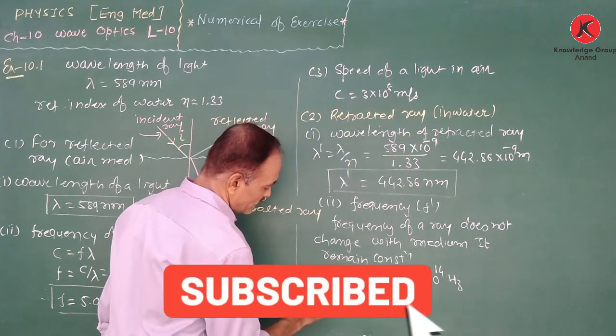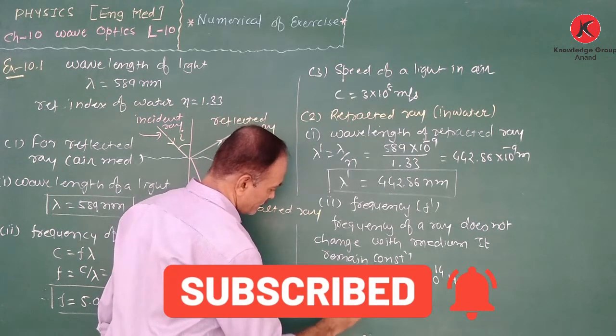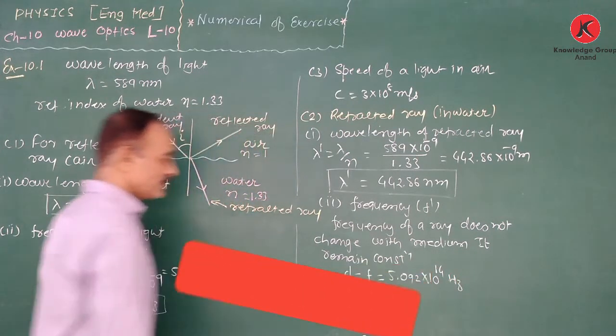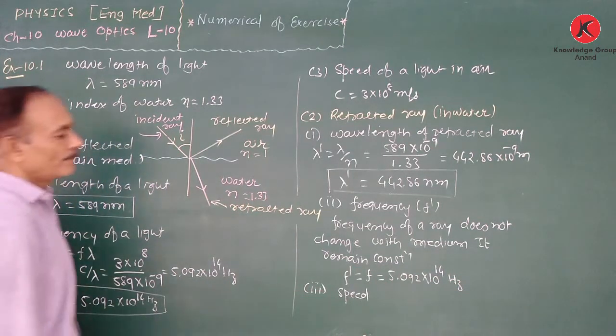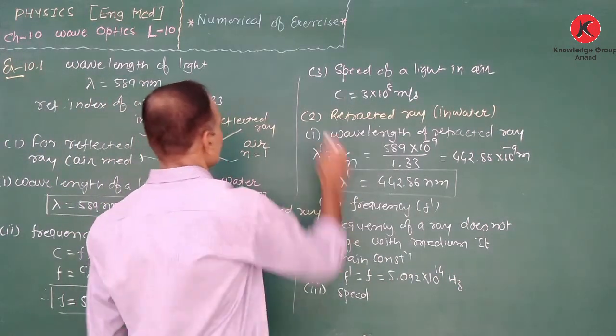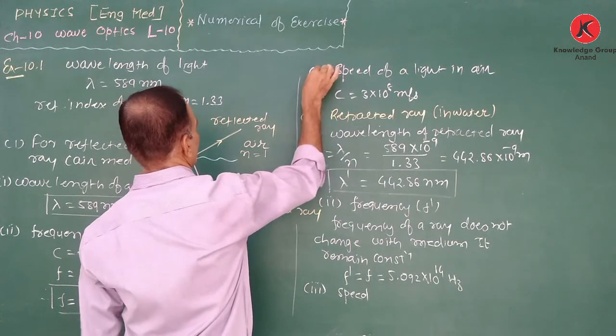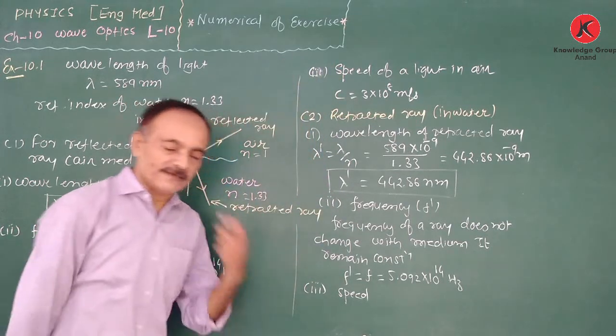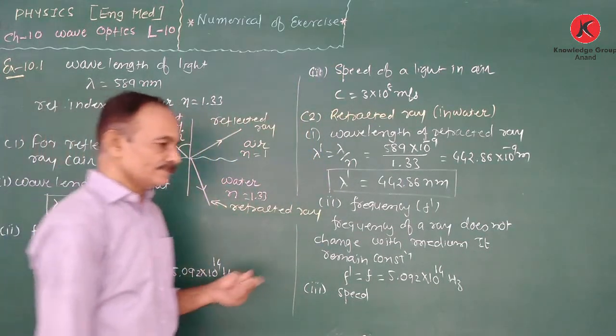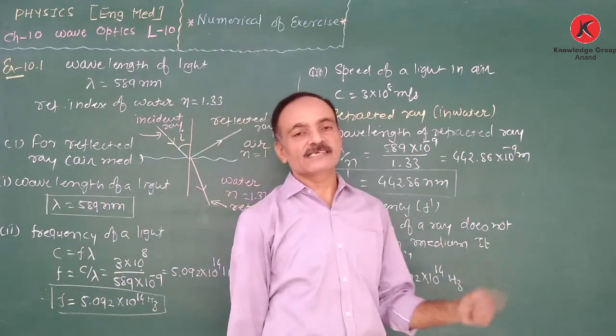Now, third part, what is the speed of the refracted ray in the given medium? For that purpose, we know that from the refractive index, n is equal to c by v.